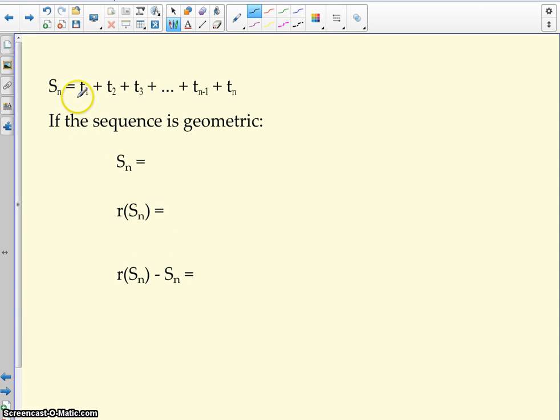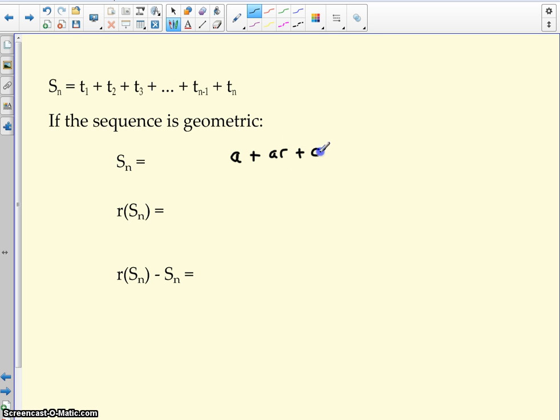If we have Sn, remember that's just adding all the first n terms of a sequence together. Okay, what I'm going to do is I'm going to rewrite each of these terms using the general term of a geometric sequence. So if we have a geometric sequence, the first term is just going to be a. Then the next term is going to be a times r, because we always multiply by a common ratio to go from one term to the next.